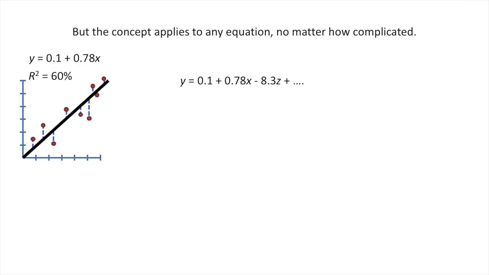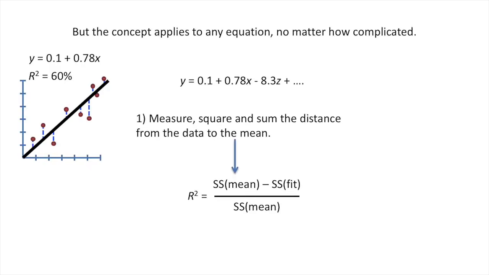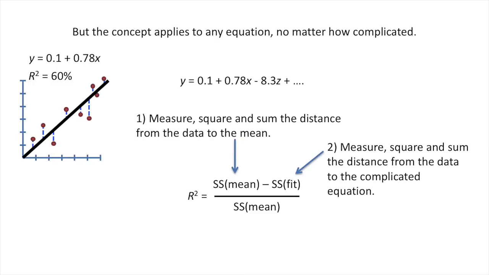But the concept applies to any equation, no matter how complicated. First, you measure, square, and sum the distance from the data to the mean. Then measure, square, and sum the distance from the data to the complicated equation. Once you've got those two sums of squares, just plug them in and you've got r squared.